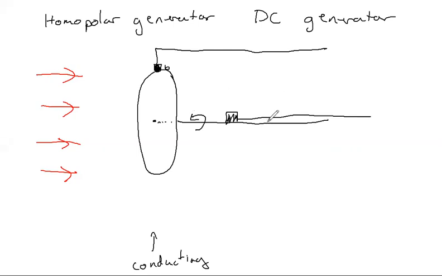All right, so as the rod rotates, you're going to generate an EMF, which is going to cause a current to flow. So what I'm going to do is I'm going to mark a point here, like this. We'll call that point A.